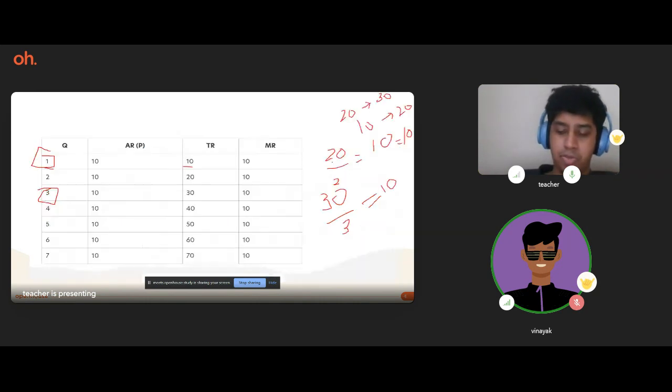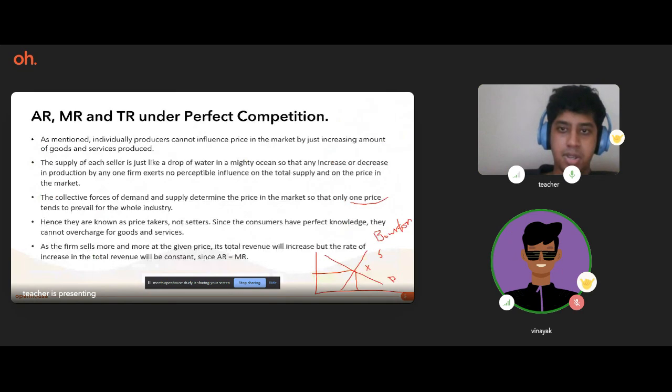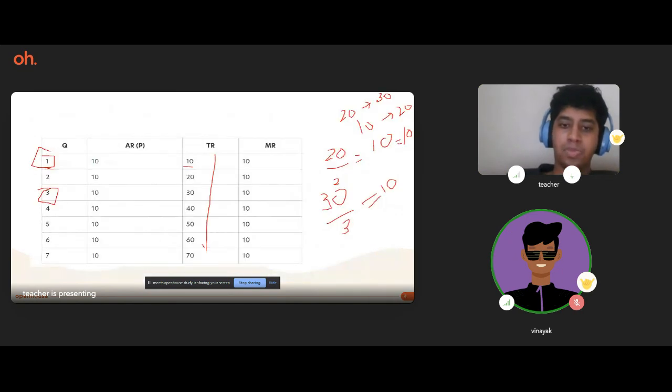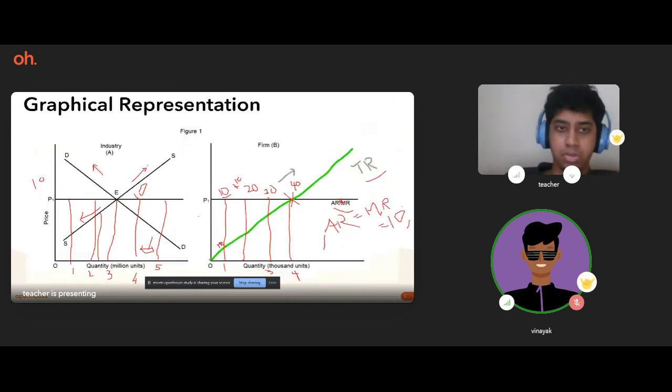It's just a graphical representation of this. We start from origin because this is 0 units sold. This is 1 unit sold, so you have to show it somehow. This is 2 units sold. This is the third unit sold, and this will actually be the price point. So as you go up, it'll start going up, something like that.